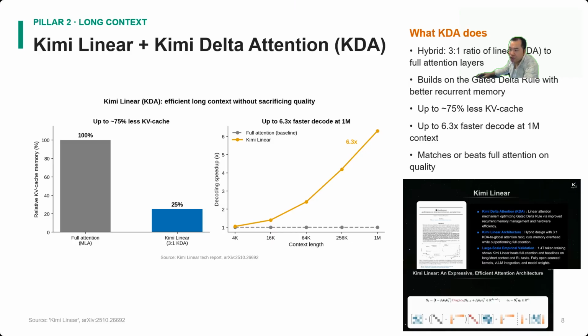On their evaluations, Kimi Linear matches or beats full attention, and they also open sourced the kernel and the vLLM integration, which is very important for some organizations. They want to deploy this kind of attention algorithm locally and serve it in a very efficient way. So that is a more affordable way to deploy long-context algorithms and models.